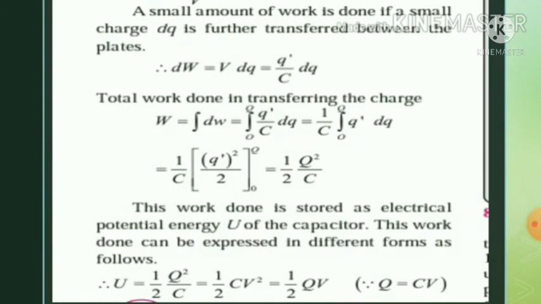This is the electrostatic potential energy in terms of capacity and potential.